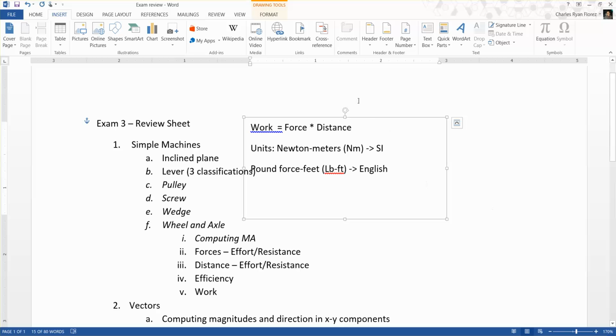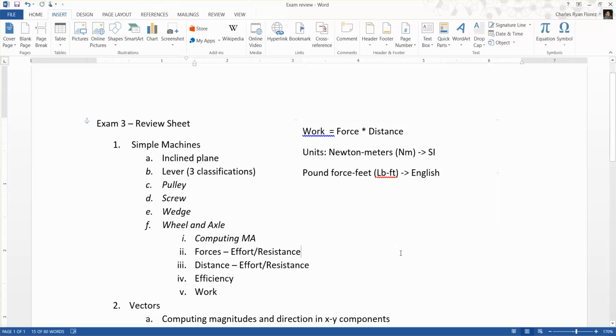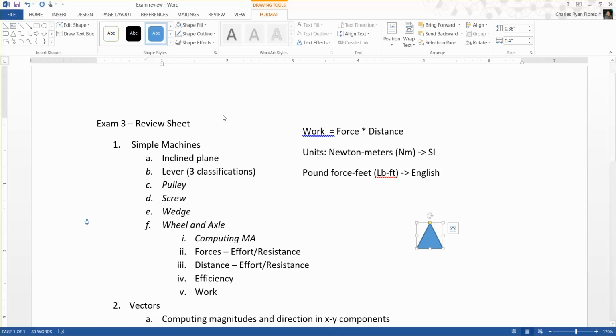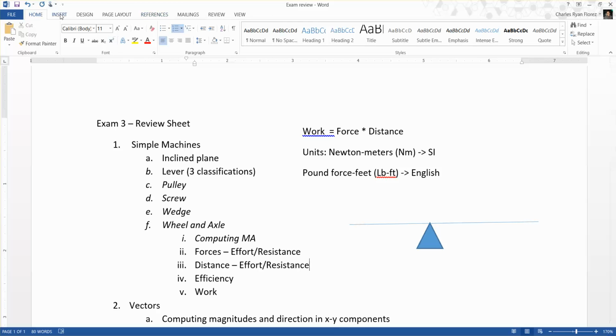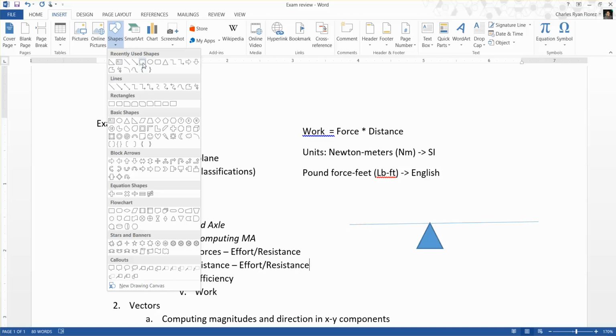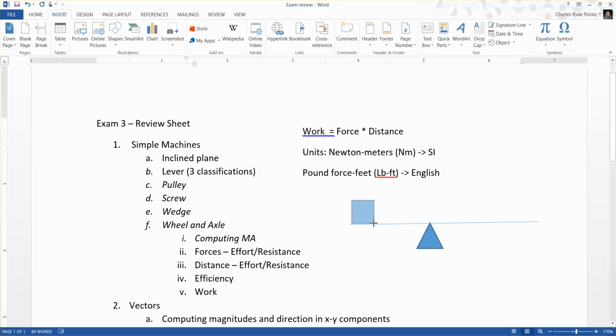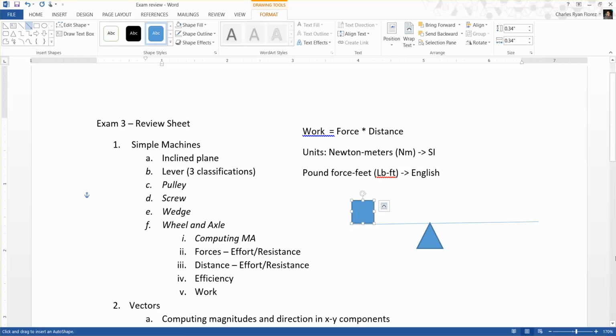But a moment is, it's kind of going off topic here, but if we looked at, I think, a class 1 lever, what we are dealing with are essentially moments, right?